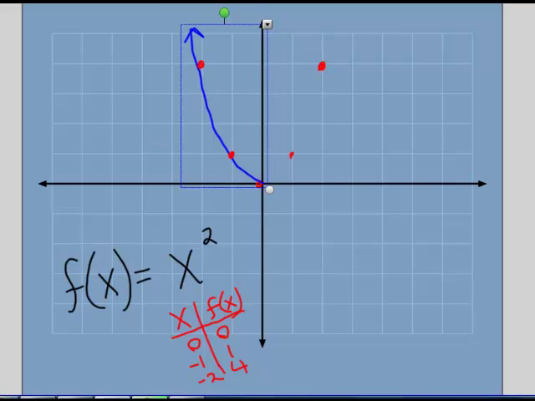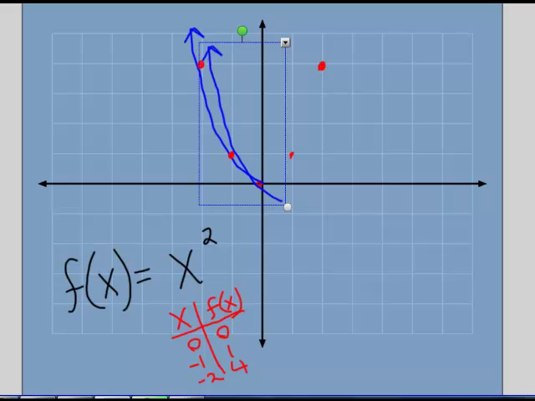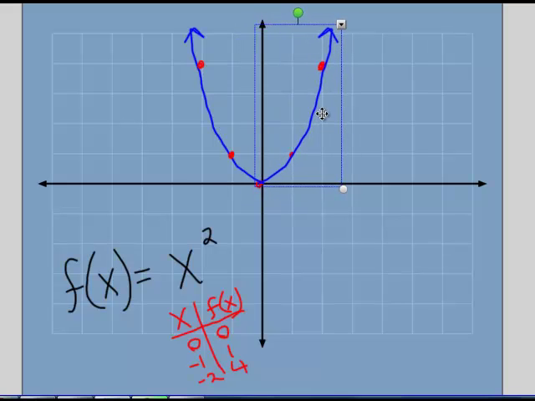So I get this U-shaped function. So f of x is equal to x squared gives me this U-shaped function. And it's actually not a U, it's called a parabola. You should remember that back from Algebra 1. The sides never go straight, so this is called a parabola.